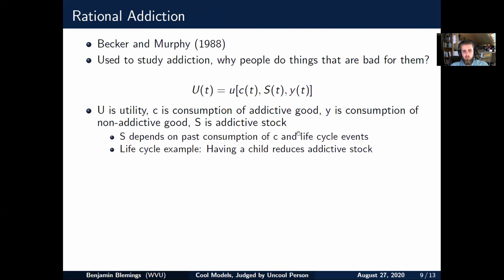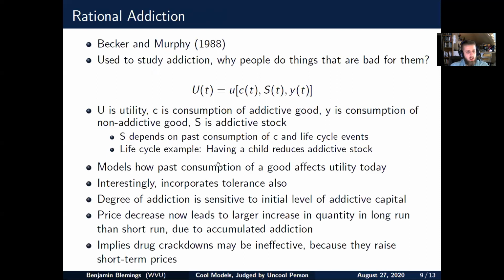And your addiction depends on how much you consumed in the past, so C, and life cycle events. So having a child would cause you to smoke fewer cigarettes, for example, because you don't want to have some negative health effects of your smoking on your kid.